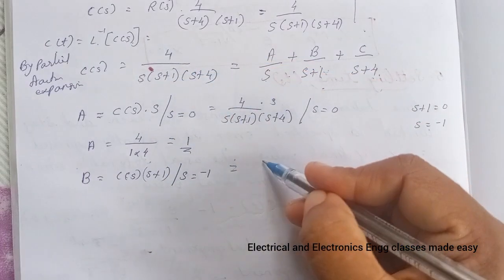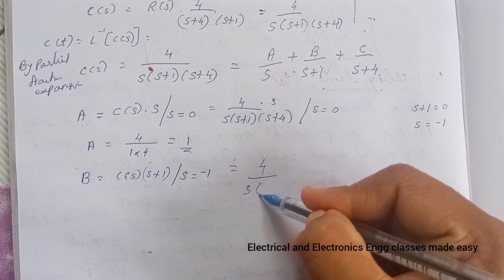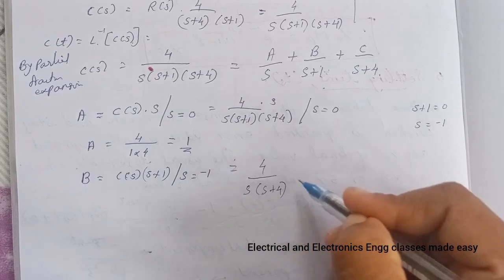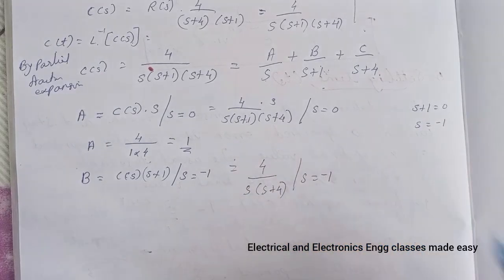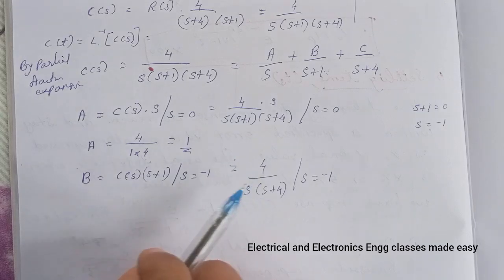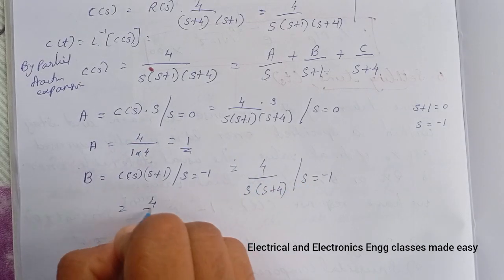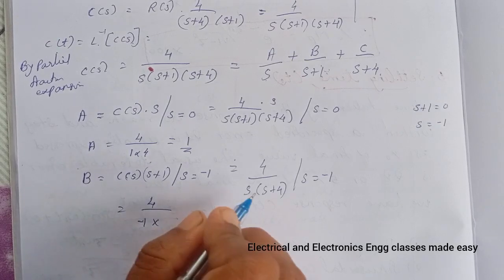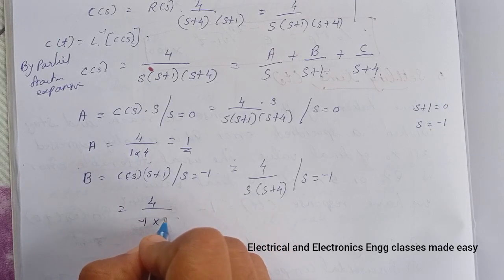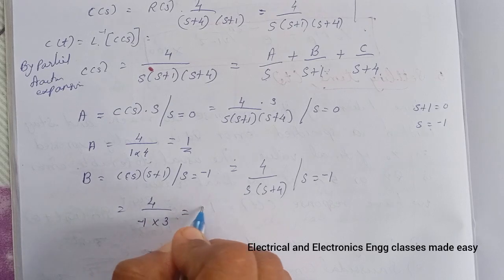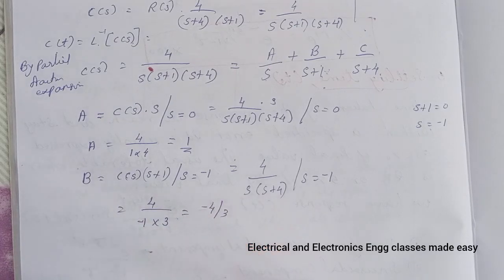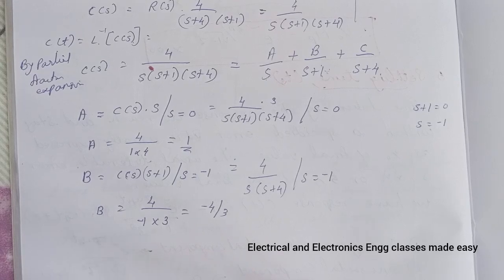So the remaining is 4 divided by s into (s plus 4) at s equal to minus 1. So here at s equal to minus 1 means 4 divided by minus 1 into 3, and we get minus 4 by 3. So the value of B is minus 4 divided by 3.